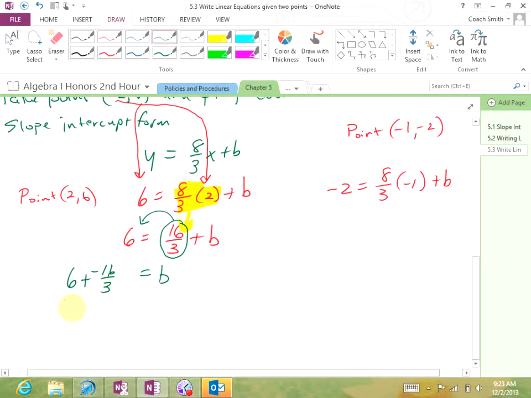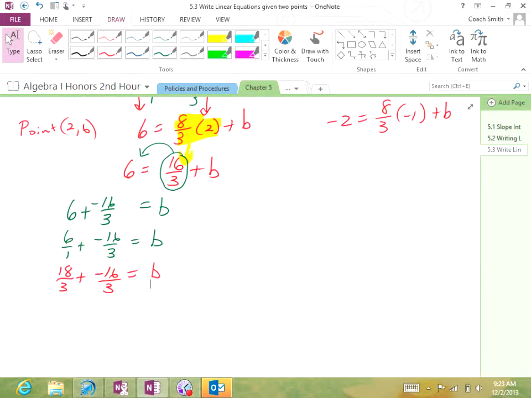And that is 6/1 plus -16/3 equal b. Now remember, you have to have common denominators. So obviously this would be 18/3 plus -16/3 equal b. And what is that? 2/3 is equal to b.